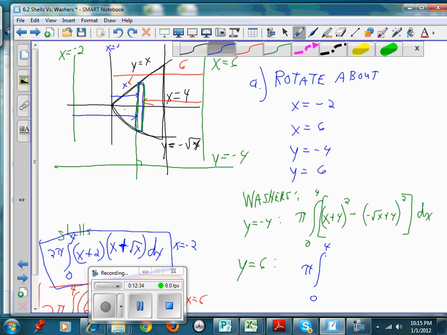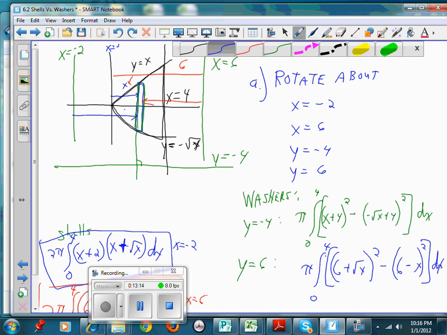I've got pi, but now my outside radius is going to be 6 plus root x, squared, minus 6 minus x, squared, dx.